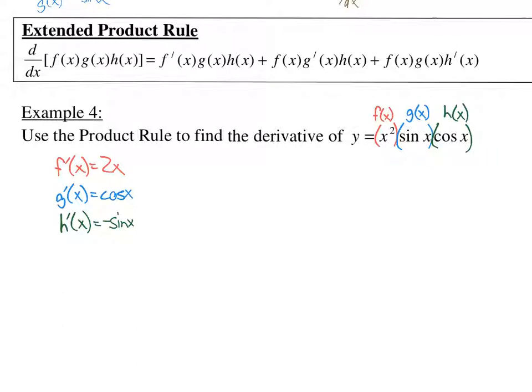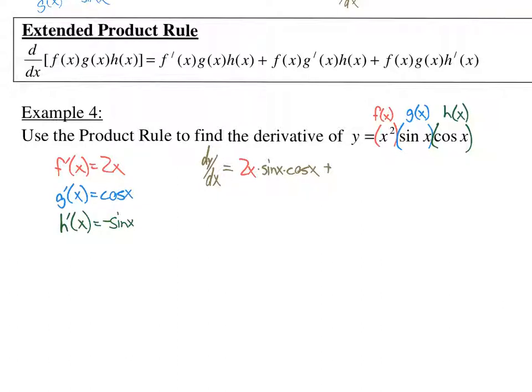Okay? So now when we are taking the derivative of this whole product, dy dx is going to equal you put the two original functions, okay, along with one derivative. So if I used the 2x first, then the rest of this would be times sine x times cosine x.